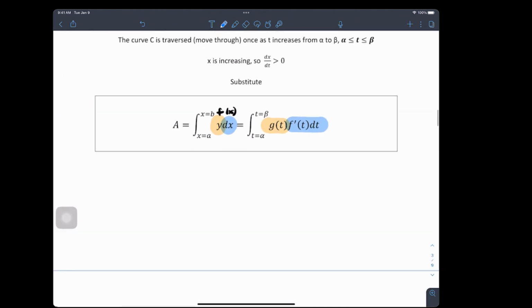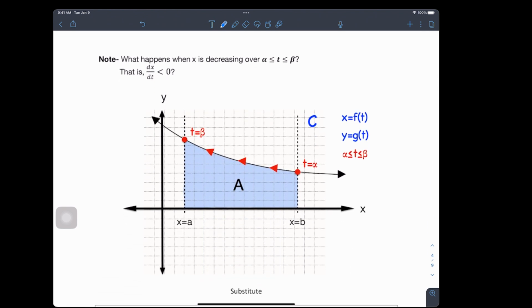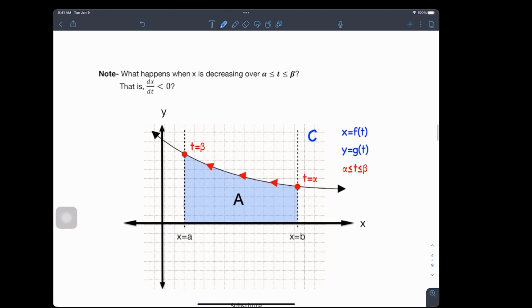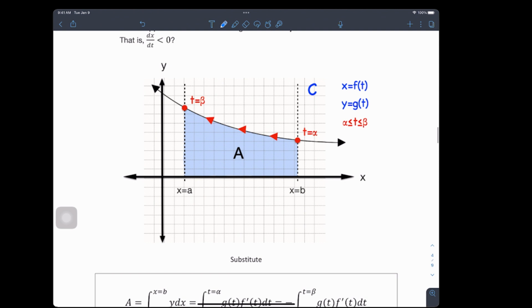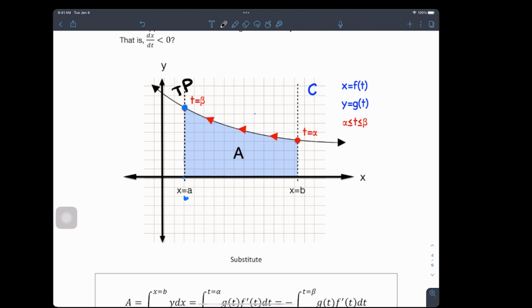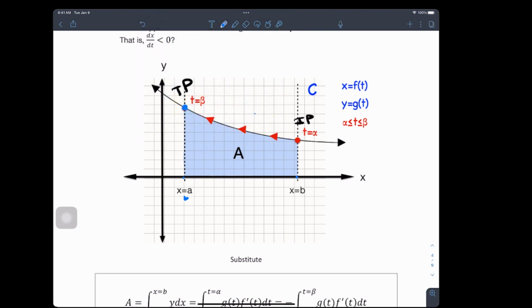So I just want to let you know that, and then be careful here, because what happens if x is not increasing, meaning you've got the following odd situation, where when x is a down here, that's really the terminal point. It's not your initial point. And over here, you have the initial point, and that happens when x is b. It corresponds to t being alpha.